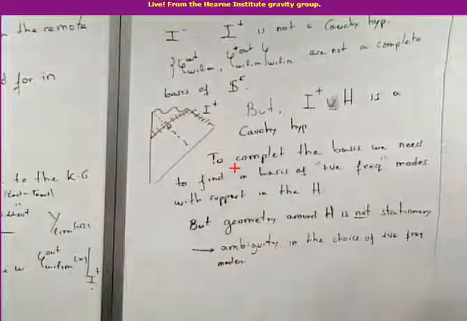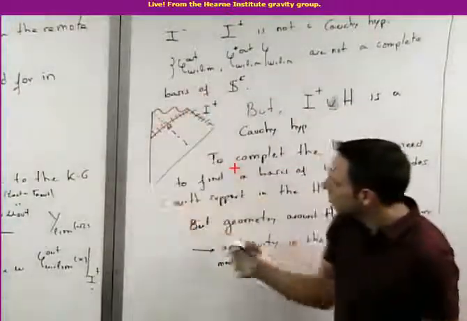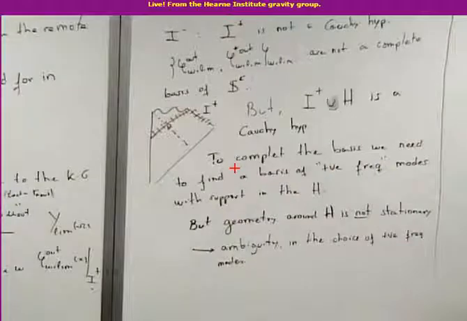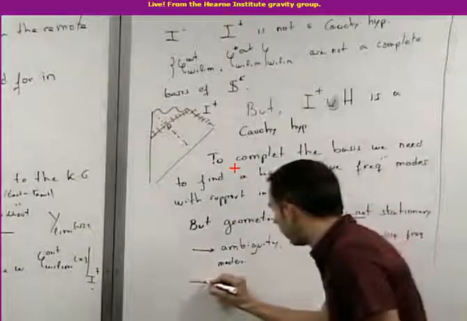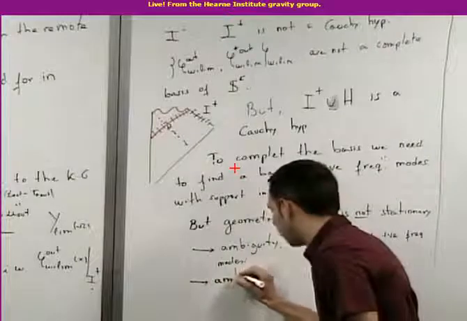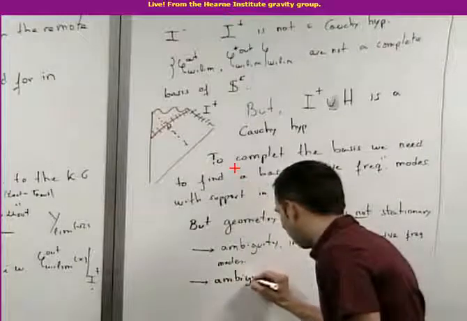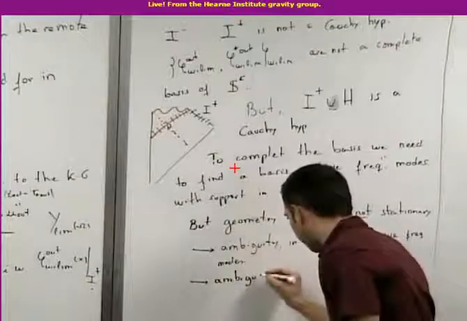In fact, strictly speaking, there are no solutions here which oscillate with positive frequency, because the geometry is time dependent. So there is also ambiguity in the notion of particles, as we discussed in chapter 4. That is the same.